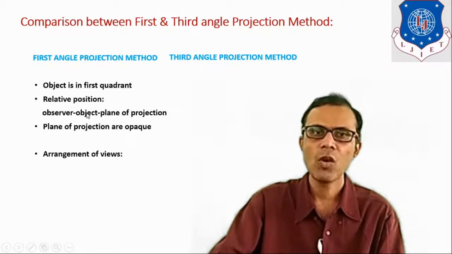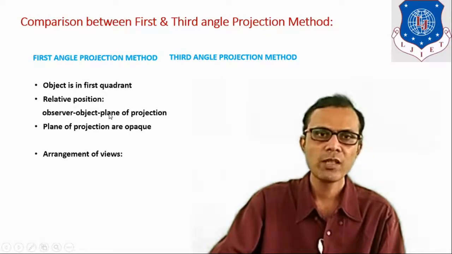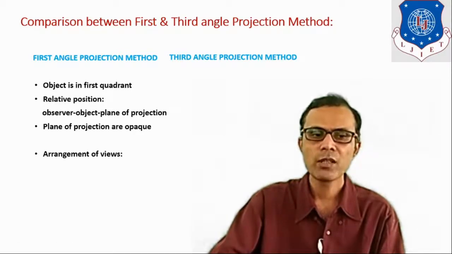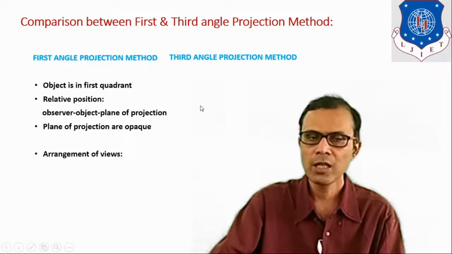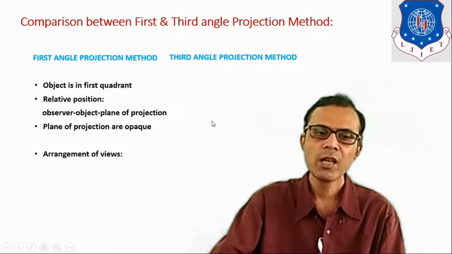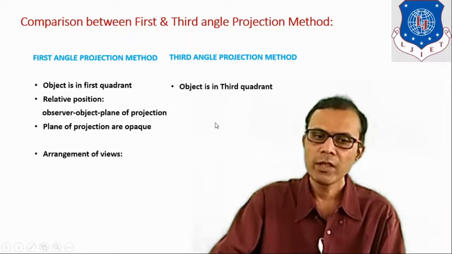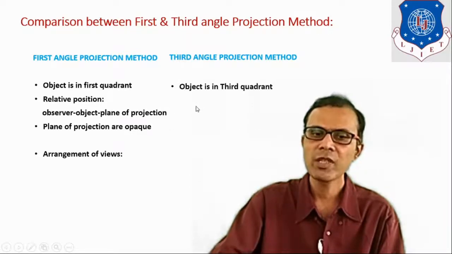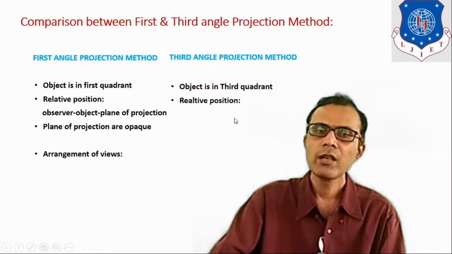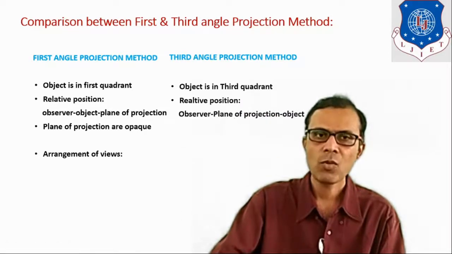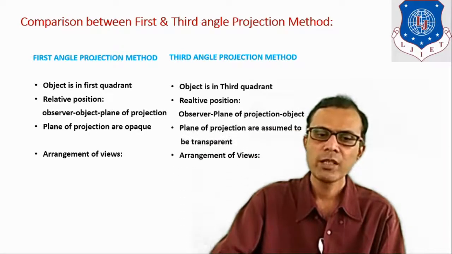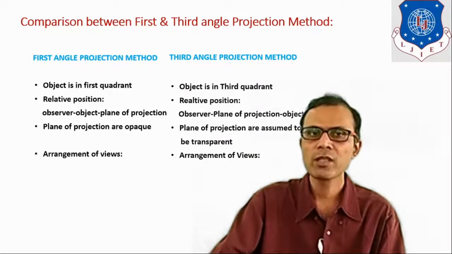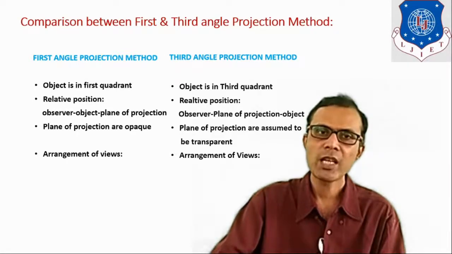All the planes of projection are opaque in case of first angle projection method. Opaque means non-transparent. In case of third angle projection method, object is kept in third quadrant. Relative position is observer, then plane of projection, and then object. And all the planes of projection are assumed to be transparent.